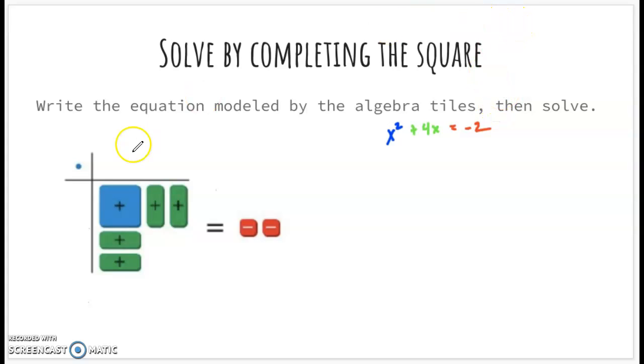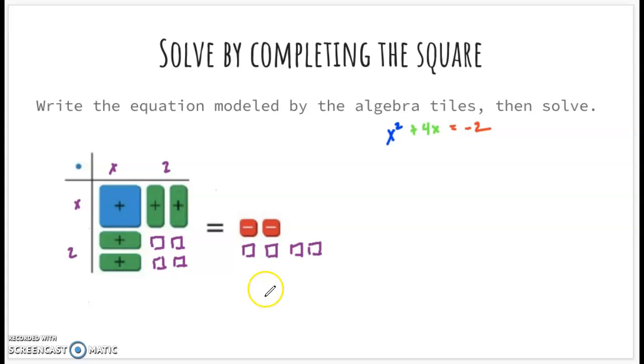If I start doing this by completing the square, I know x times x makes x squared, and then I've got 2 and 2, but what that does is it adds on 4 singles. Anything I do to one side of my equal sign, I have to also do to the other, so I have to add on 4.